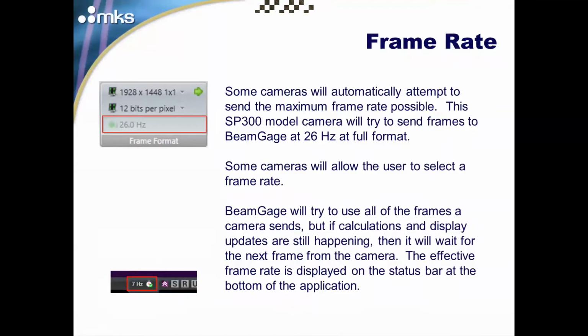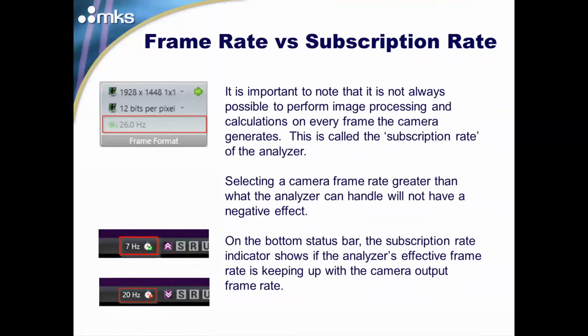The other major impact there is the capability of the PC. So the way that BeamGage shows you how well you're keeping up with the camera is called the subscription rate. And there really isn't a problem for most applications if BeamGage isn't getting all of the camera frames.